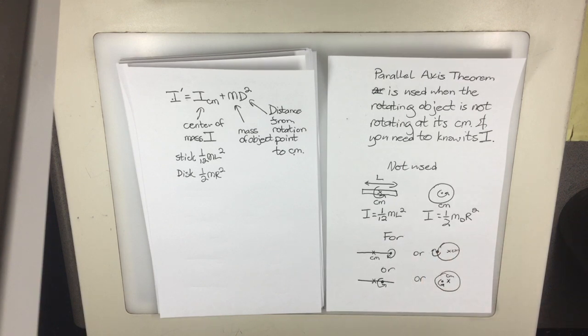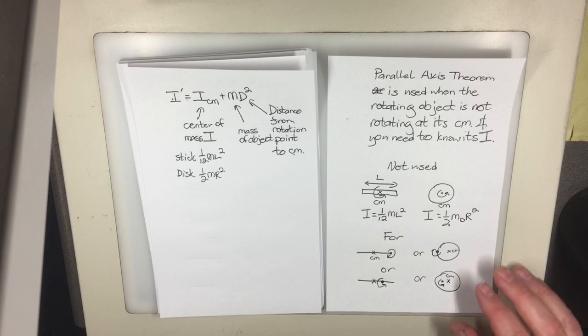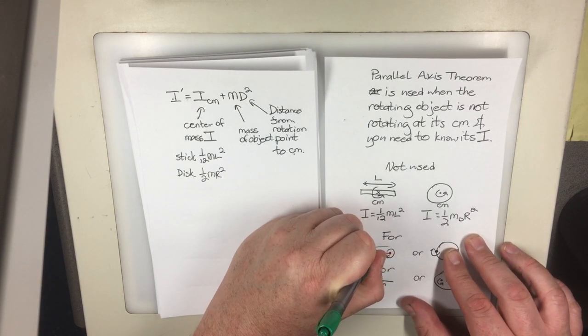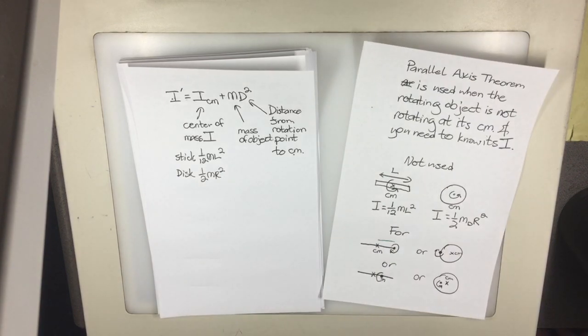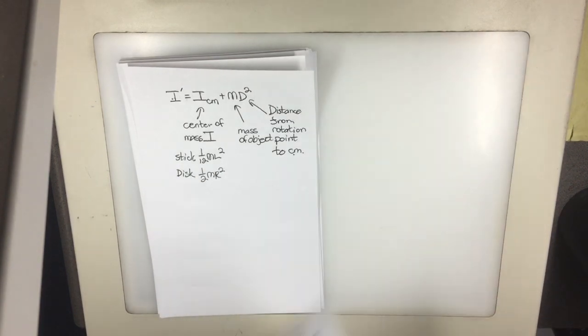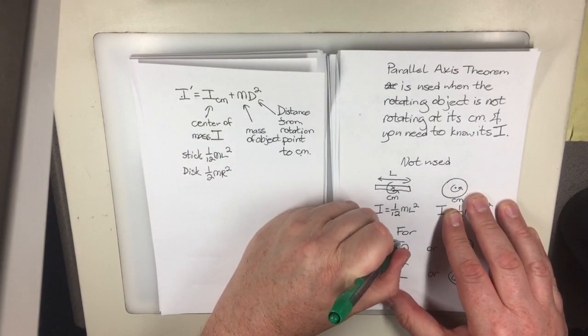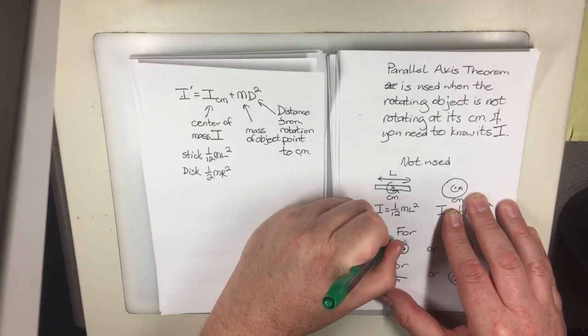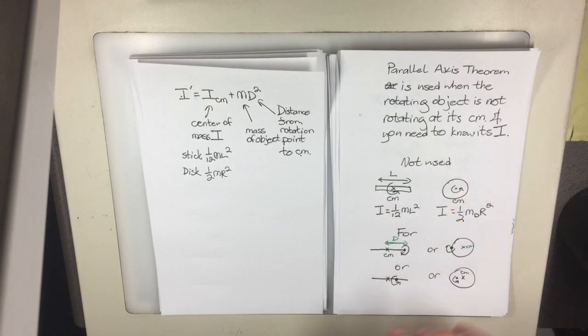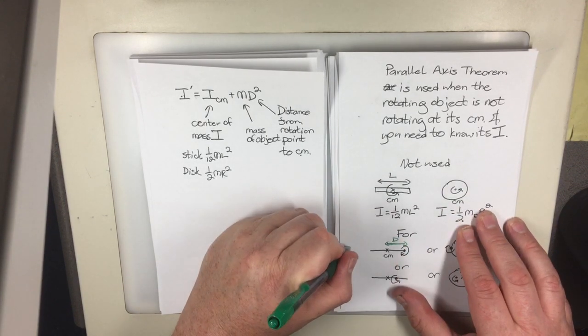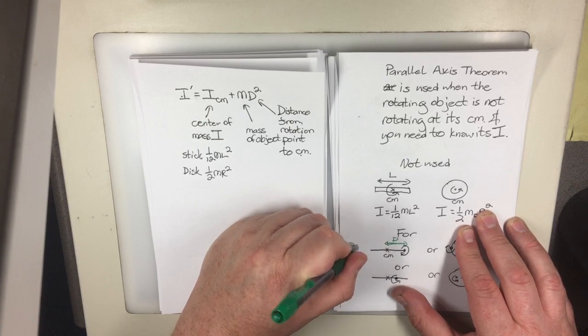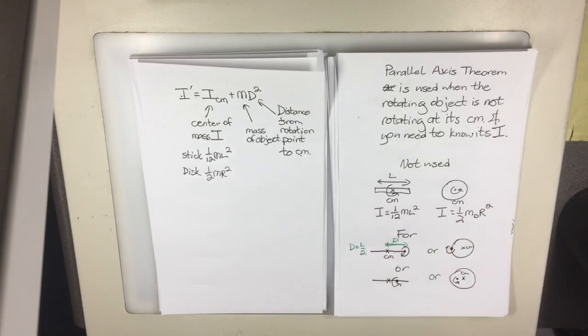So in these cases on the right, that distance, hold on. This distance there is your d. And for that particular case, the distance is L/2. Because in that particular case, it's rotating about its endpoint.